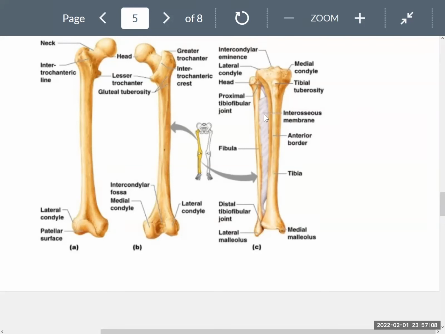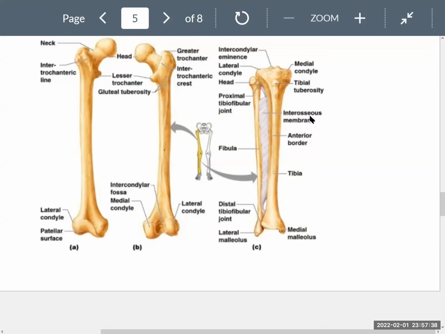They're pointing out the interosseous membrane. This won't appear on your practicum, but it will appear on your lecture test, because this is a slightly movable fibrous joint, a syndesmosis. It's the one we use as our example between the fibula and tibia.